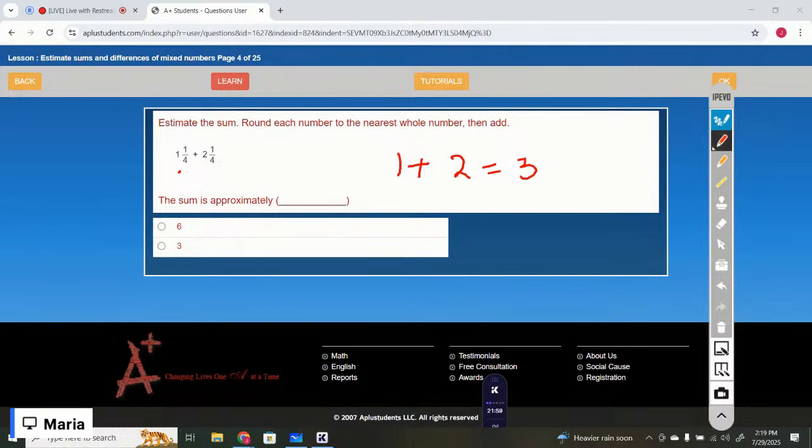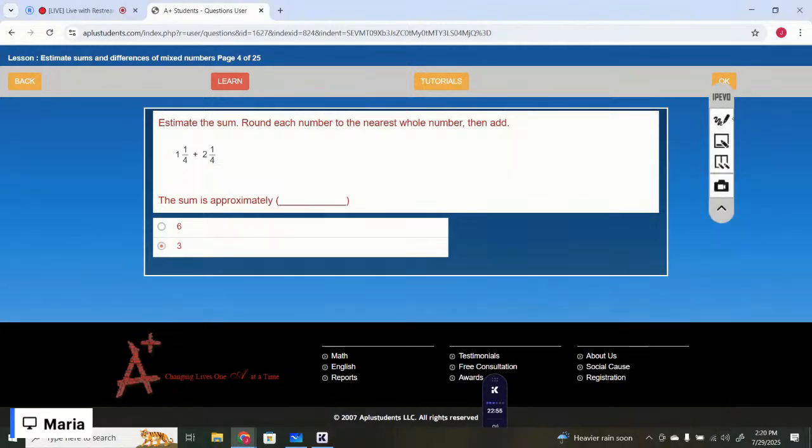The correct option is 3. Option number 2 is the correct option.